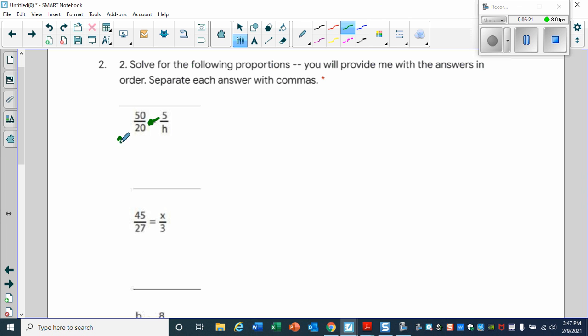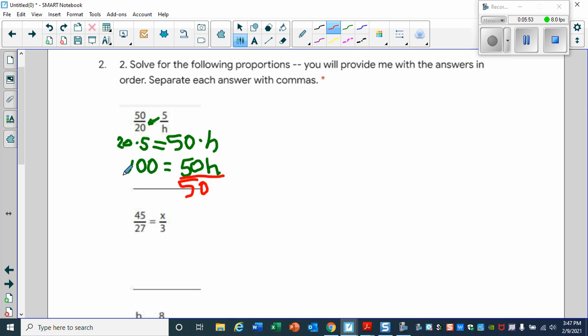So it's 20 times 5, and you set that equal to 50 times h. So then 20 times 5, 100, equals 50h. So then you ask yourself, what number times 50 gives me 100?